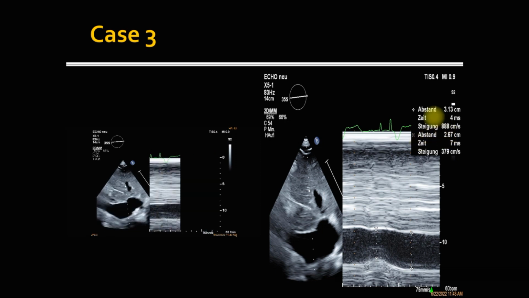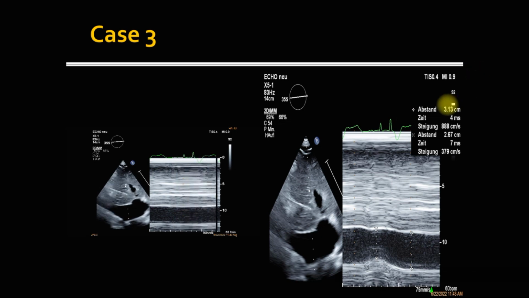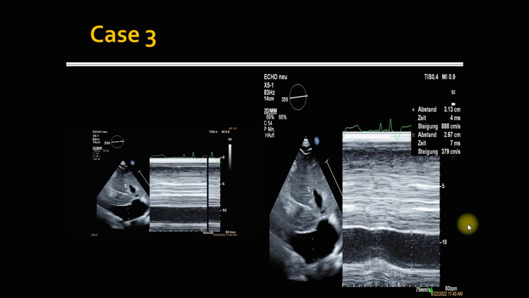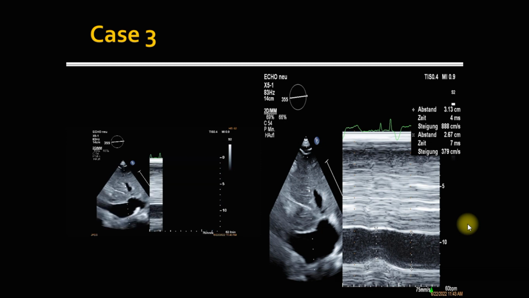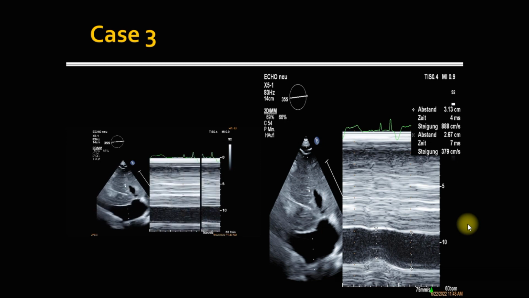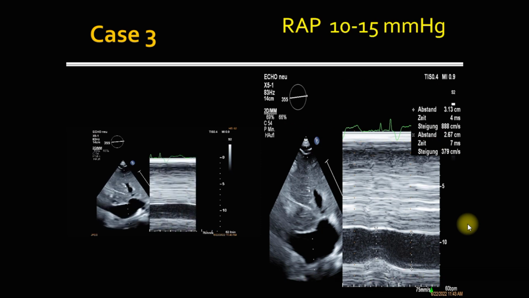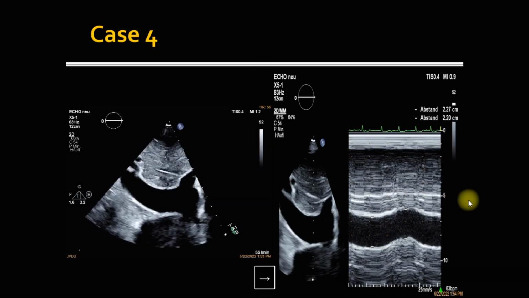Then we have a dilated vena cava inferior more than 20 millimeter, and inspiratory collapse is below 50%. Then, according to our slide, the right atrial pressure in this case is about 10 to 15 millimeter mercury.